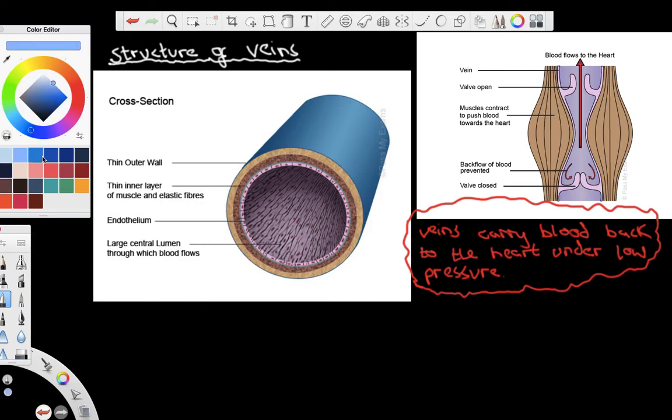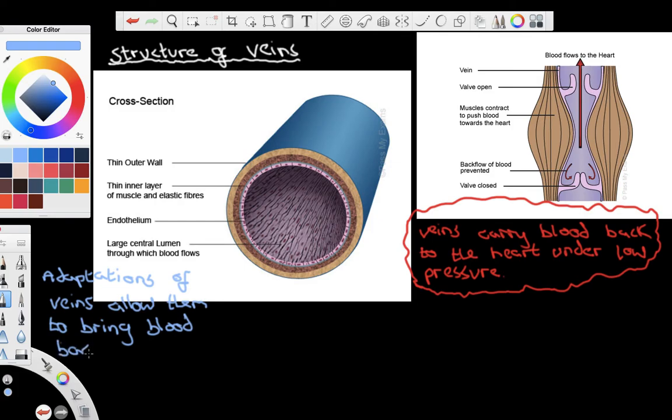So we can say that adaptations of veins allow them to bring blood back to the heart under low pressure.